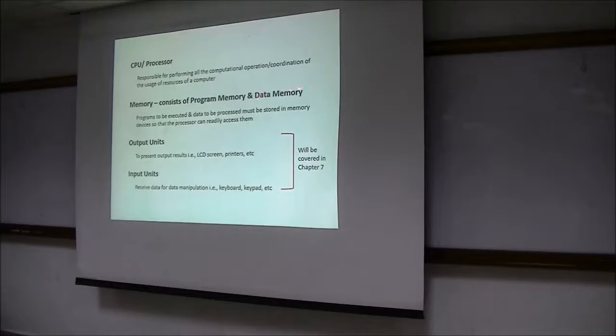And then you have data memory. Now what do you do in data memory? You store data. So we have two types of memory. Now for example, in your computers, you have a hard disk, right? Now in a certain protected partition of your hard disk, you have your operating system installed. Now if you open your Windows Explorer, you can see it's always a C drive, and you can see the operating system there.